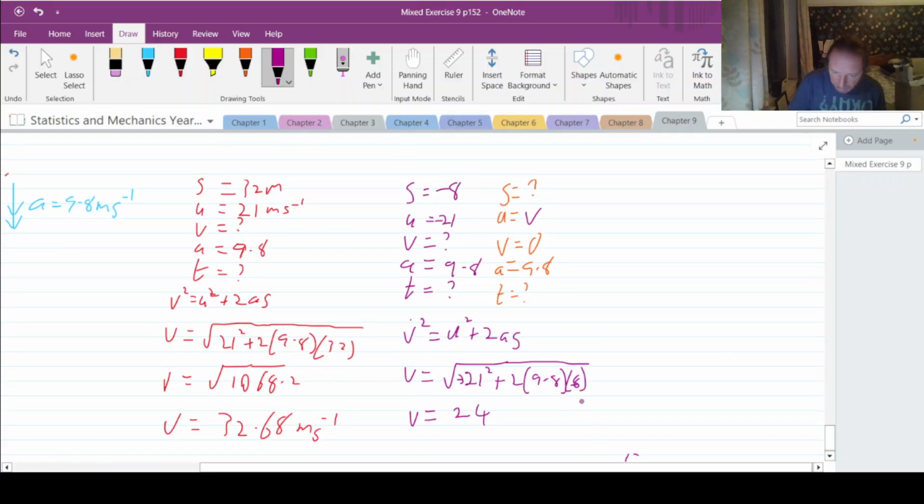When we put that into here, we end up with 21 squared plus 2 times 9.8 times minus 8, and the square root of that is 16.85.